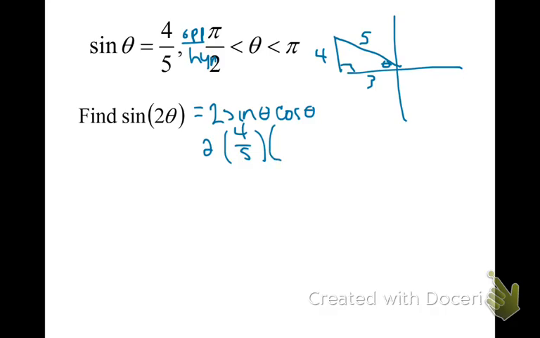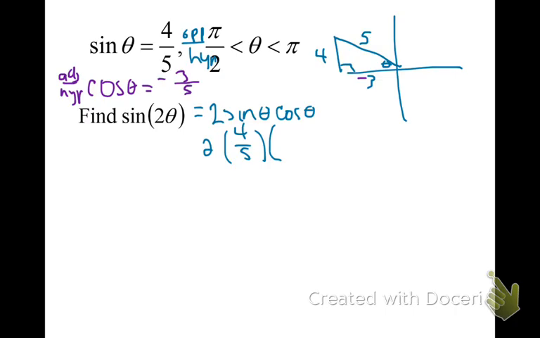Cosine theta, we found, oops, did I forget something? Oh, I actually didn't write it down. Let's go back. Let's come up here. Let me change color. What is cosine theta? Okay, so that is adjacent, which would be the 3/5. We are in quadrant 2. Negative.